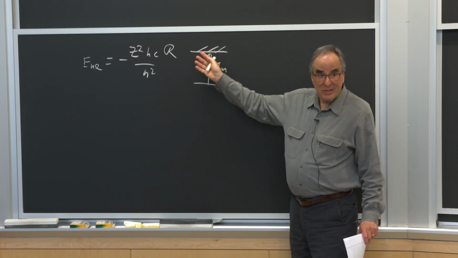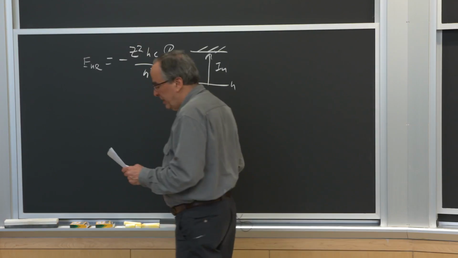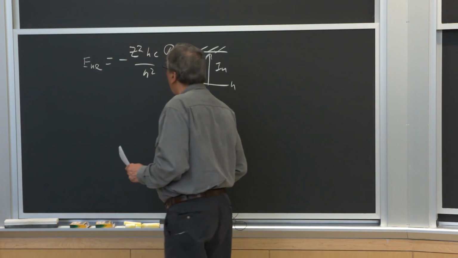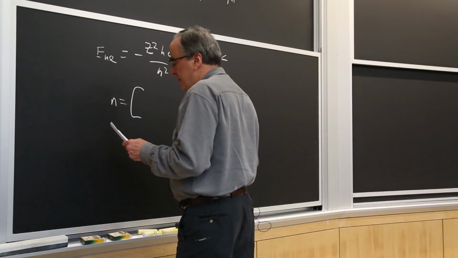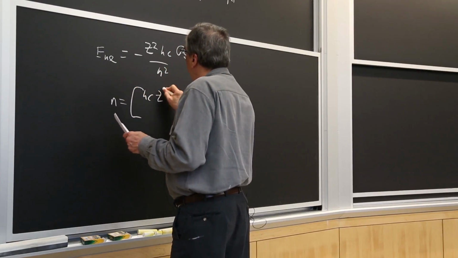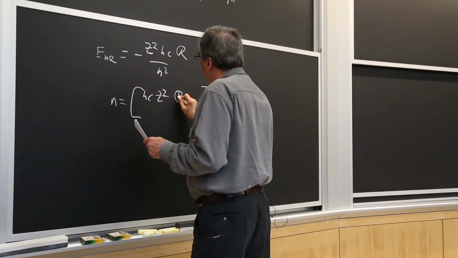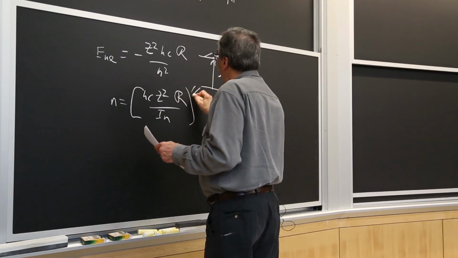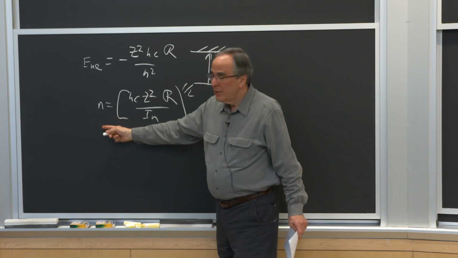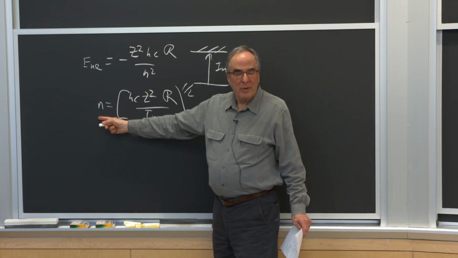And this is the ionization energy. And when you put them together and solve for n, you get this arrangement: hc squared times the Rydberg over the ionization energy, square root. That's n, or the effective principal quantum number.